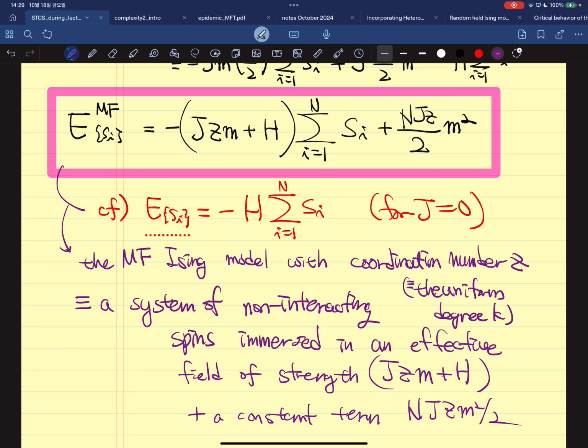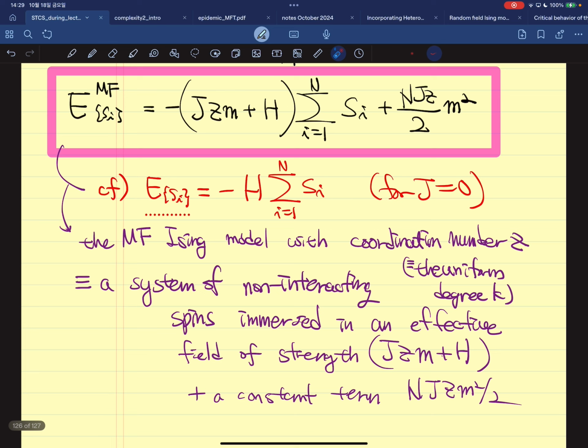So the only difference is changing the ordinary external field to this form, plus the extra constant term. So you may guess that the formalism could be quite similar to the non-interacting system.